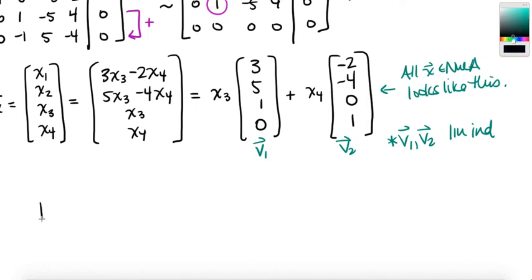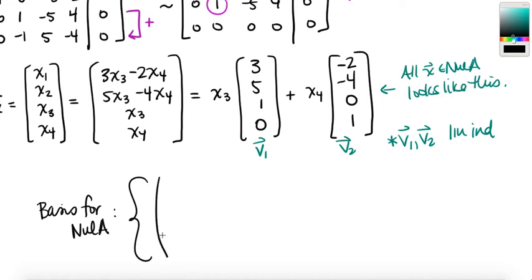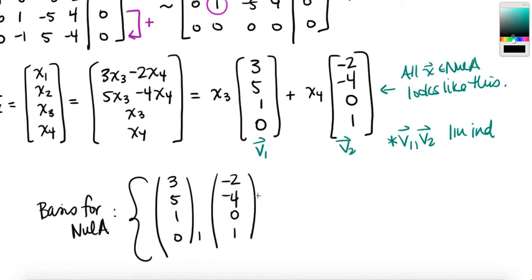So our answer here, our basis for null A, a basis is a set, so I'm going to write it in set notation, is these two vectors. All right, great. So there is our answer for this particular problem.